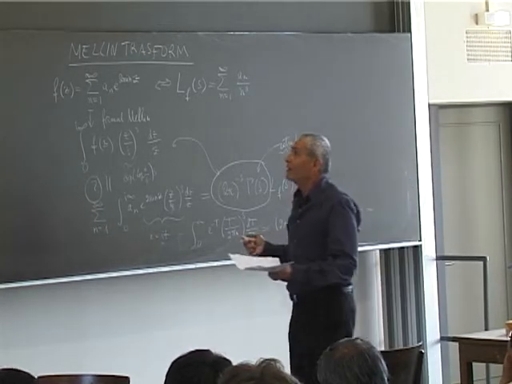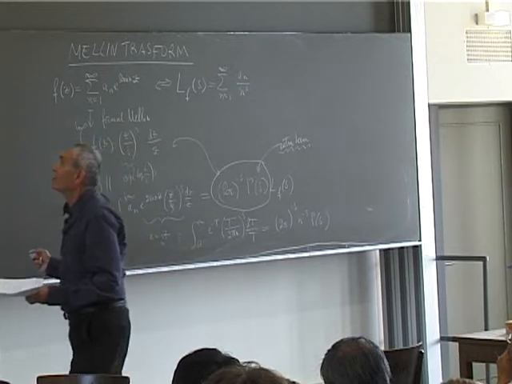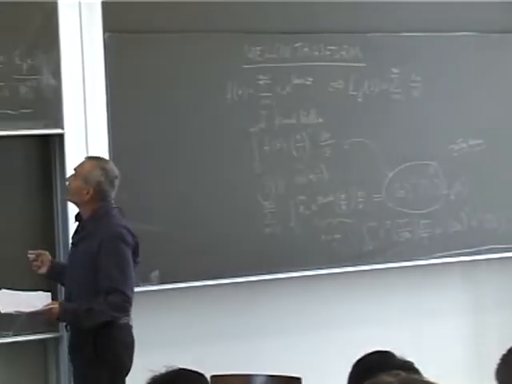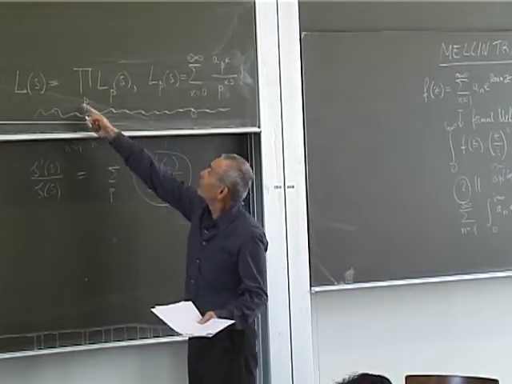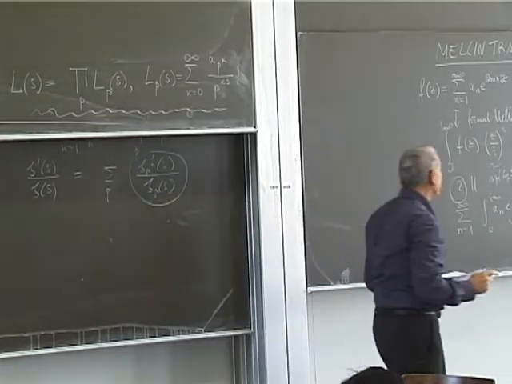So you might ask yourself whether there exists something like an Euler product including some factor at infinity.